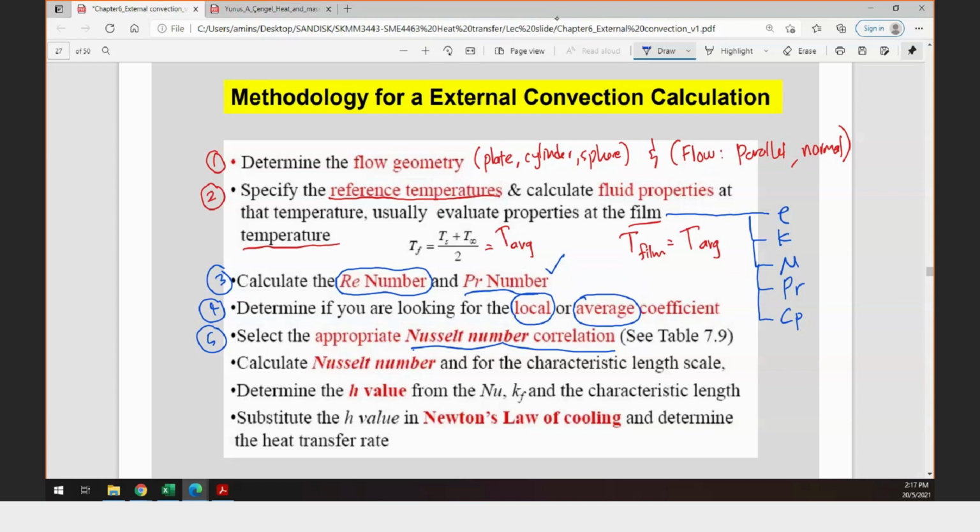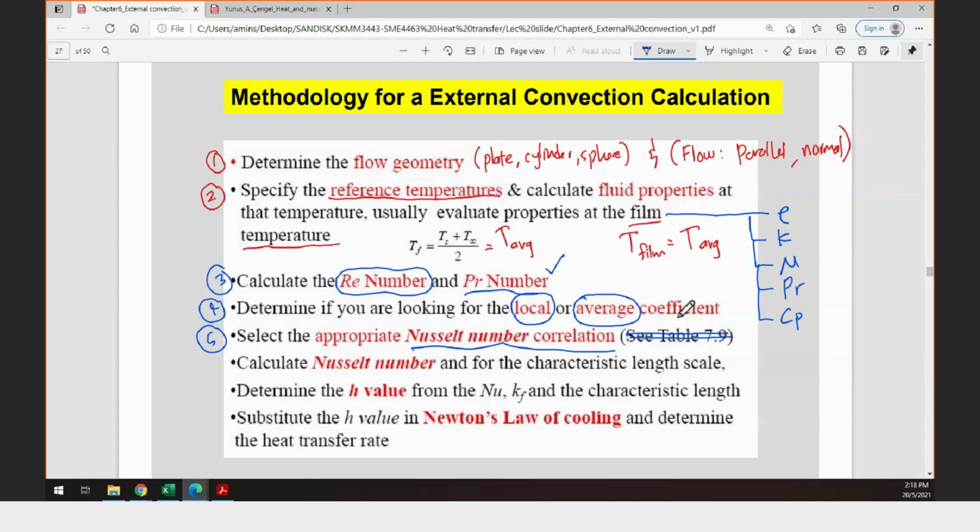I think this is the old one, so neglect my writing here, Table 7.9. You just need to find the Nusselt number correlation.